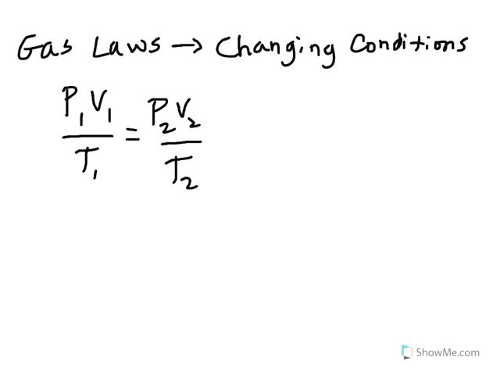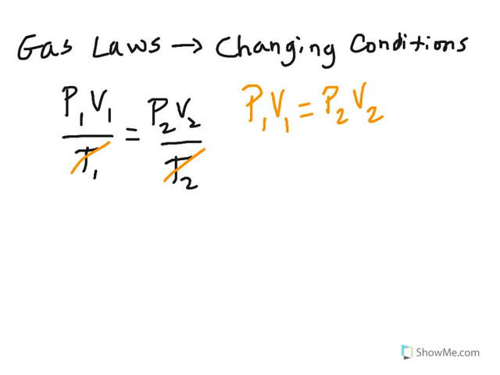Here's what I mean. Let's say you had a problem that said, as the pressure goes up in this, what happens to the volume? And during the process, it says the temperature remains constant. So what if we don't have a temperature that's changing? Well, that's pretty easy. If the temperature doesn't change, I just pretend the temperature isn't even there, and I have P1 V1 equals P2 V2, which is also known as Boyle's law.